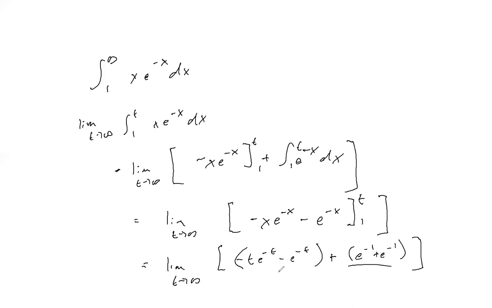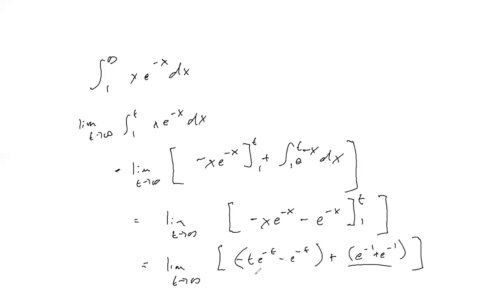The question is, what is this limit here as t goes to infinity? Well, the limit of this piece should be 0. The limit of e to the negative t as t goes to infinity, that's 0. What about this? The limit of negative t times e to the negative t. What's the limit of that? We could do L'Hopital's rule on that, but the limit of this should be 0 as well.